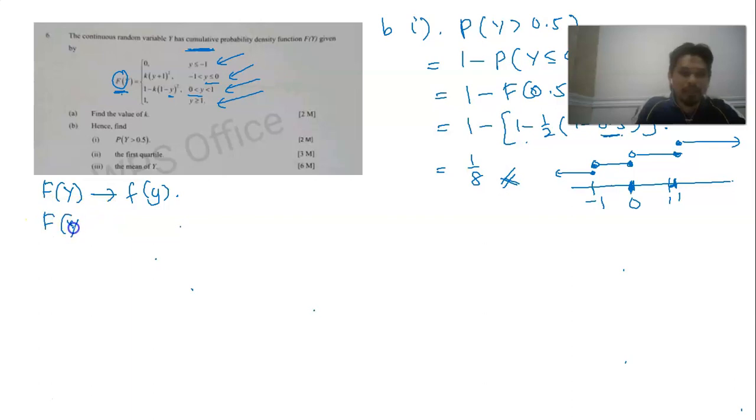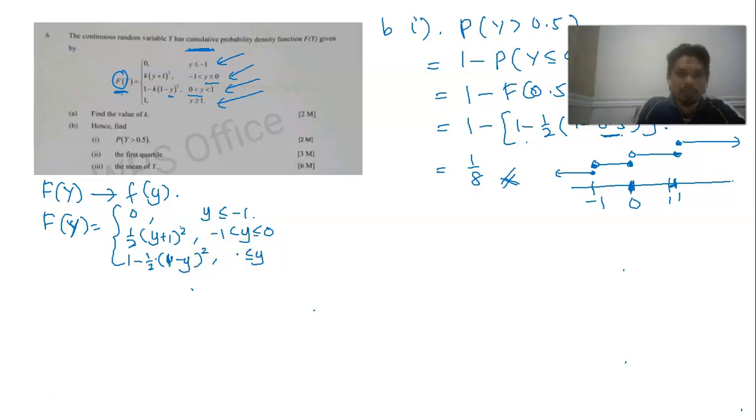So Fy, just now, is 0 for y less than or equal to -1. K is 1 over 2, so 1 over 2 (y plus 1) square for y between -1 and 0, and then 1 minus 1 over 2 (1 minus y square) for y between 0 and 1, and then 1 for y greater than or equal to 1.